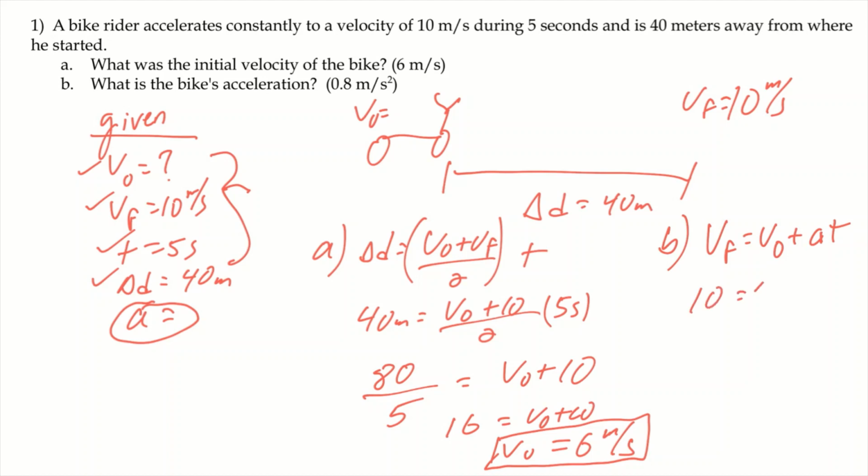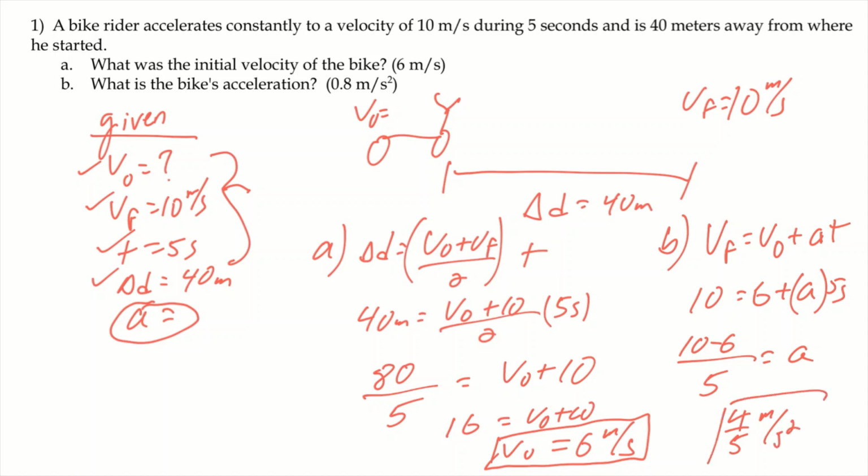The initial was 6, plus acceleration times the time, which was 5 seconds. So it's going to be 10 minus 6, divided by 5, equals A, and that gets us 4/5 meters per second squared, or 0.8 meters per second squared.